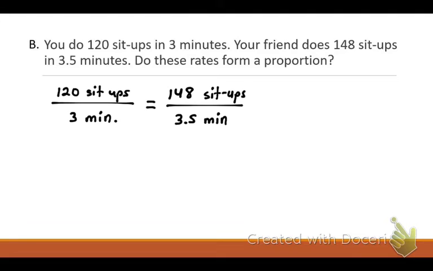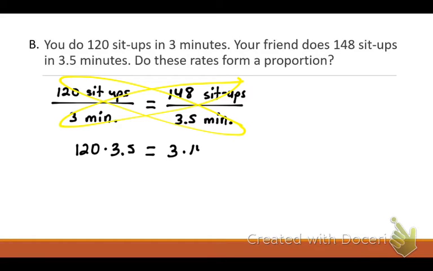Excellent. Once again, you can see sit-ups are on top on the left side and on top on the right side. You want to keep those things, sit-ups per minute, the same. Haylin, keep going. Then you're going to do a little arrow, and then you put 120 times 3.5 equals 3 times 148.